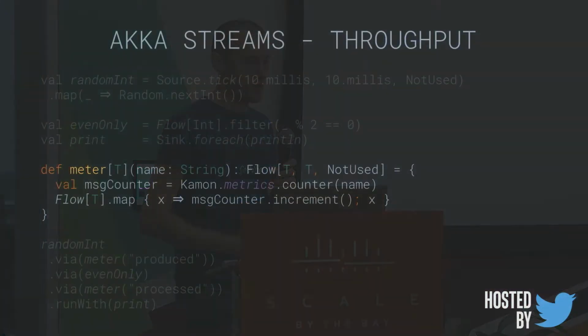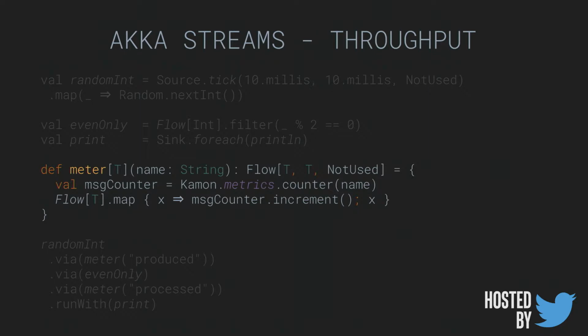So to go to the throughput measurement part, we can now create a simple checkpoint flow to measure the throughput. This is pretty simple. It's going to be a transparent flow that creates a metric. Here we use Kamon, for example, as a backend, but you don't have to stick to that. Essentially, you give it a name to mangle it in the Kamon backend, and this increments the counter every time something passes through the stream. This is pretty trivial, right?